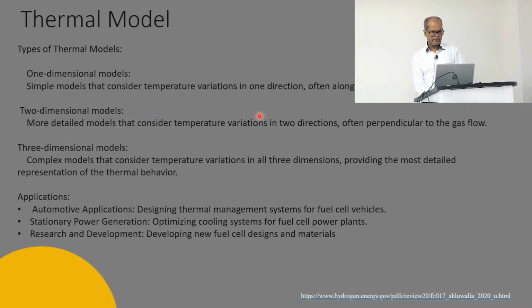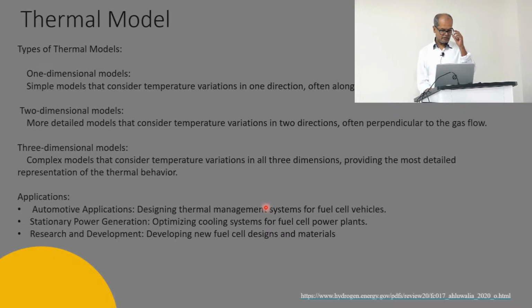But if you consider the variation in two directions, then in most cases, one perpendicular to the gas flow, you need the two dimensional. And if you consider temperature in all three dimensions, then you might need a three dimensional model. And here are some of the applications I already mentioned.